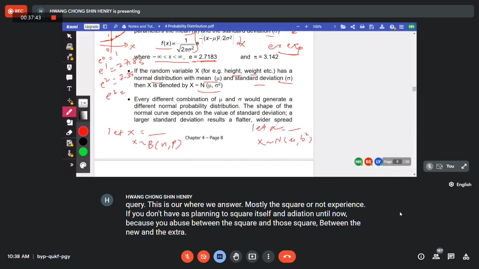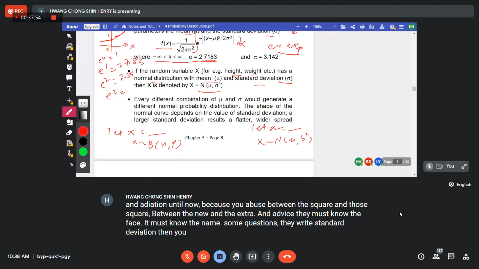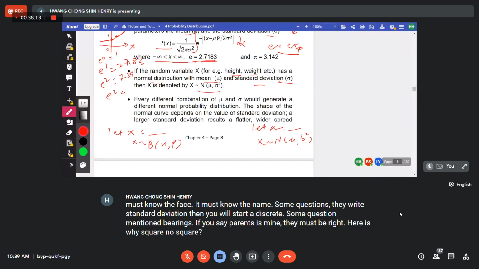Remember I said you must know the face, you must know the name. Some questions write standard deviation, then you yourself have to square it. Some questions mention variance. If you say variance is 9, then what do you write? 3 squared. Look at the question carefully. That's why square and no square, you must know the difference.